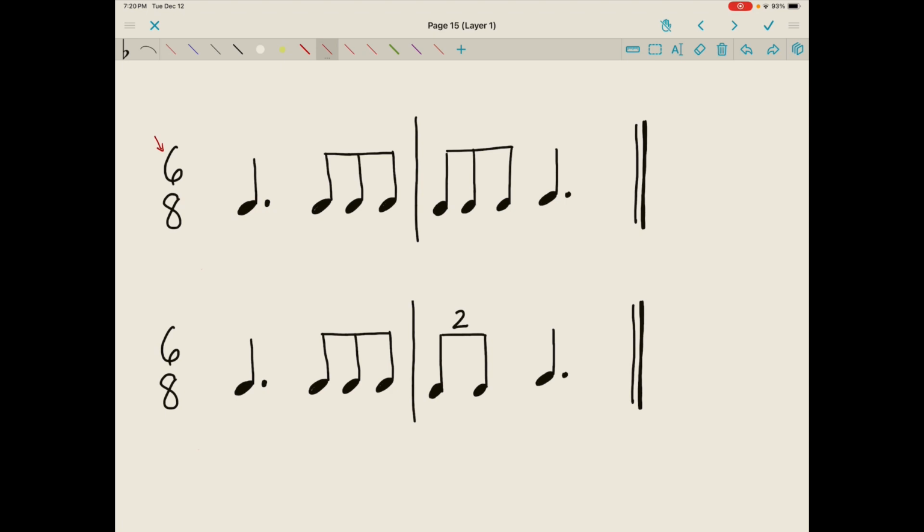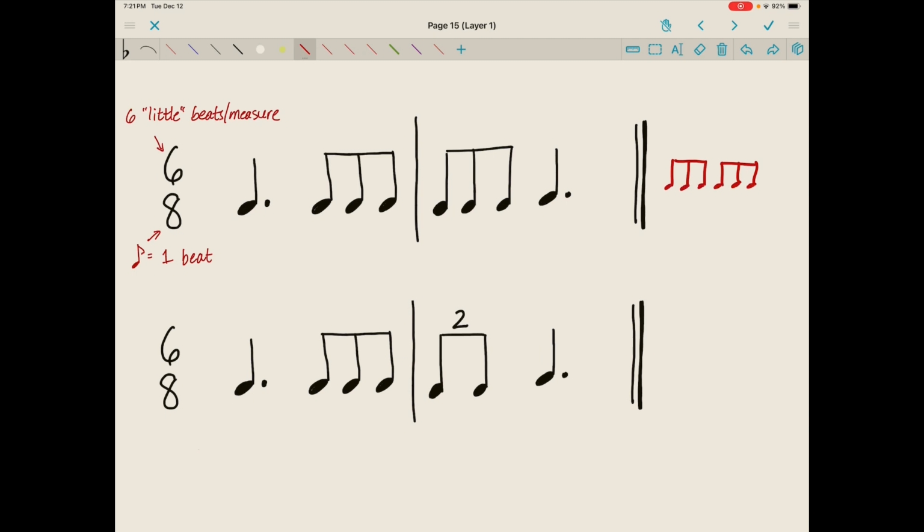So the top 6 of this time signature tells us there will be 6 little beats in each measure. And the bottom 8 tells us that the 8th note will be our subdivided beat or pulse note. So in 6/8 time, we'll have 6 8th note beats per measure.